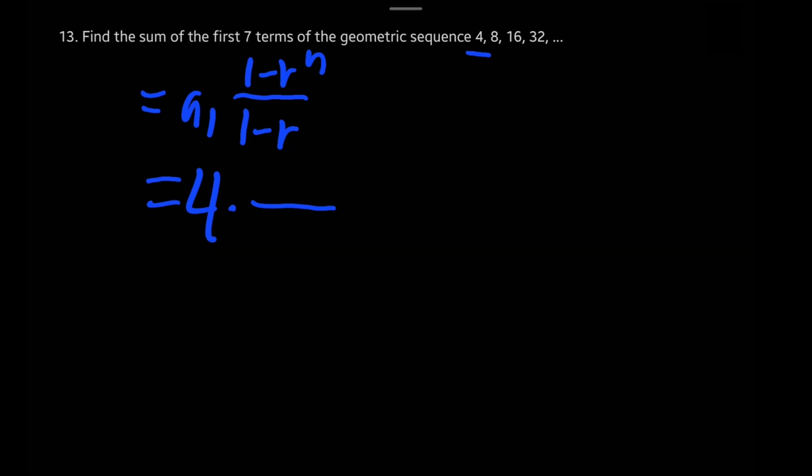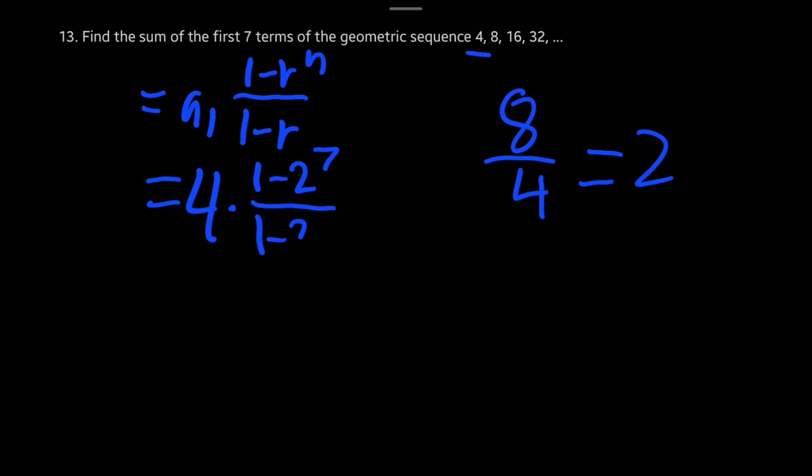Multiplied by 1 minus r raised to n. So our r would be 8 over 4, 2. So 1 minus 2, and our n is 7, not 4, 7. So plugging in the calculator, 2 raised to 7 would be 128.